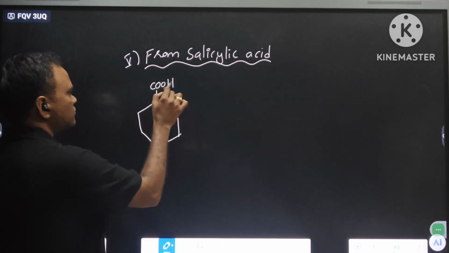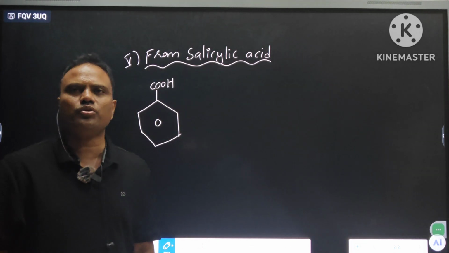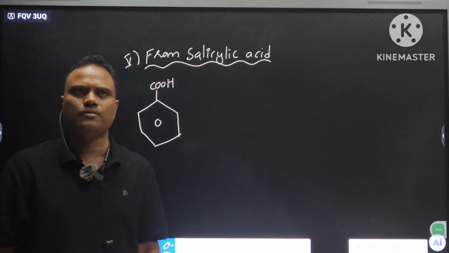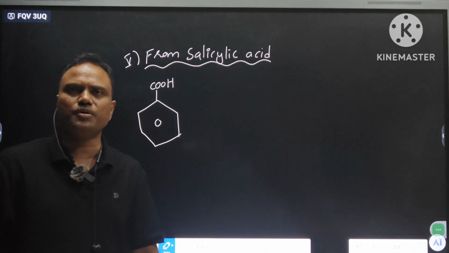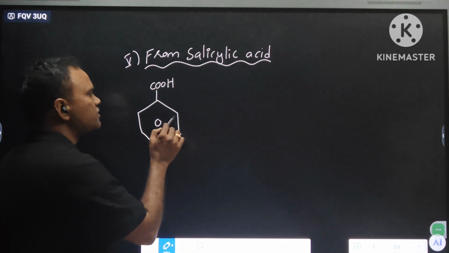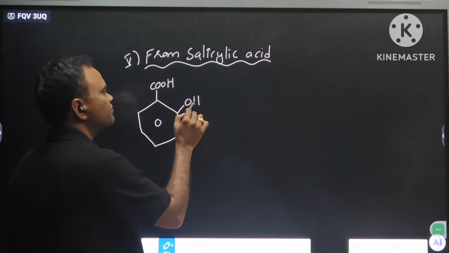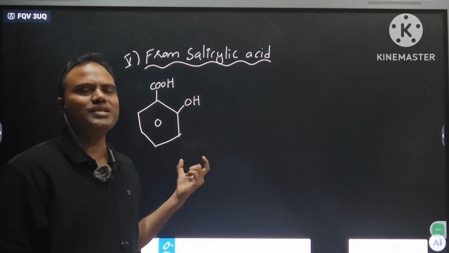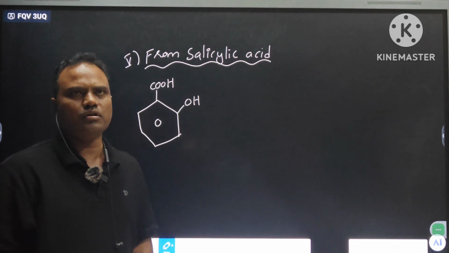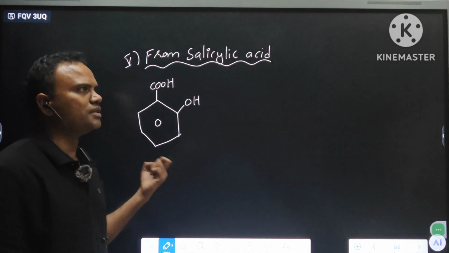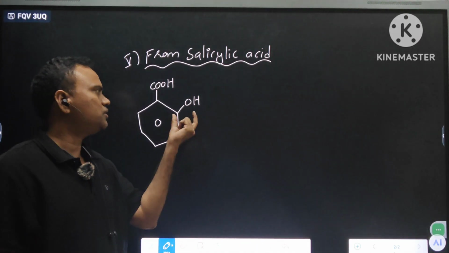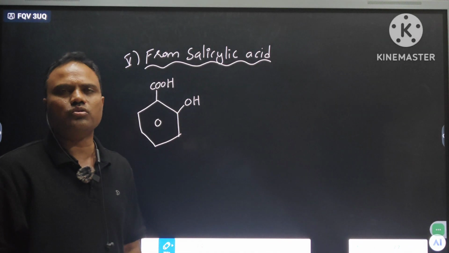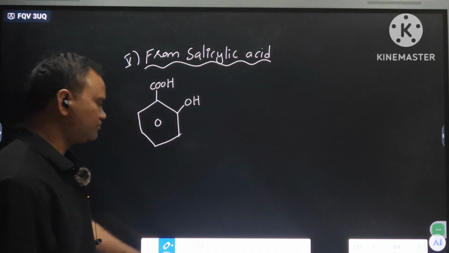If benzene has COOH, that is called benzoic acid. If benzoic acid contains an OH group, that is called salicylic acid. The parent compound is the acid here, not phenol. Actually this is a carboxylic acid with one substituent, so you have to consider it like that.